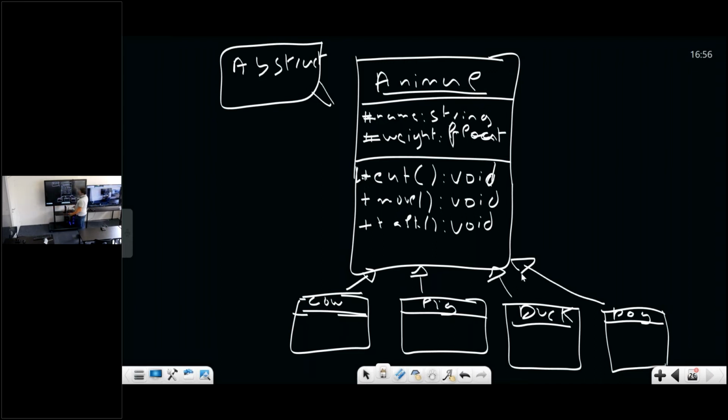And here I will be able to use overriding to concretize the functions eat, move, talk. Because as I cannot concretize them directly in animal, I will put eat, move, talk as abstract functions.